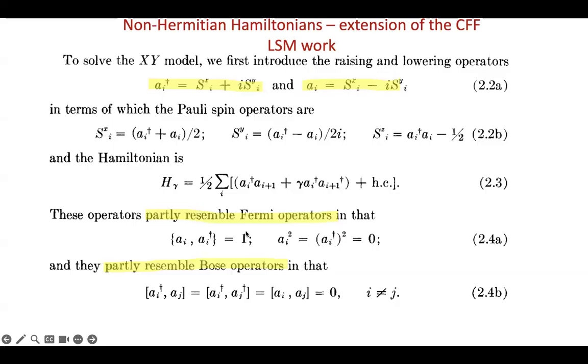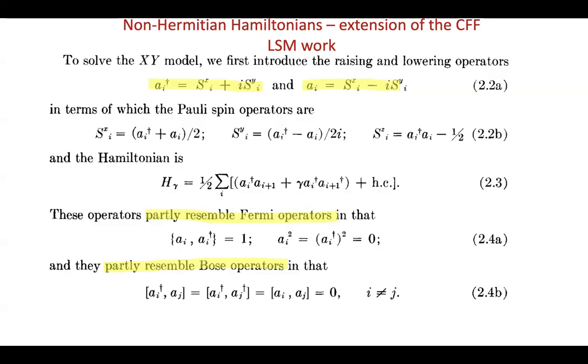So the first step is introducing these quote unquote raising and lowering operators involving the spin operators. So Sx_i plus i Sy_i is A_i dagger. This is your raising operator. This is your lowering operator. Very simple.